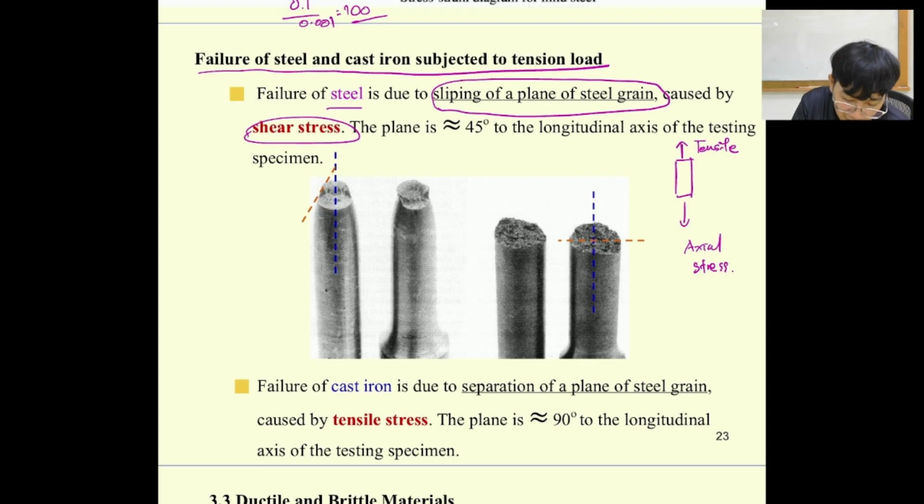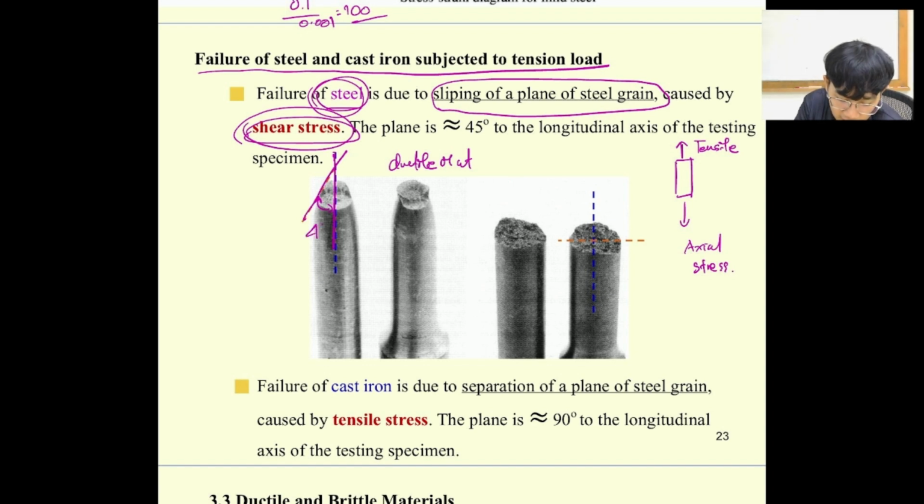But for steel, or what we call ductile material, if I provide you this image in the examination and tell you that this is steel, and ask what caused it to deform like this, it's caused by shear stress because of its failure mode.